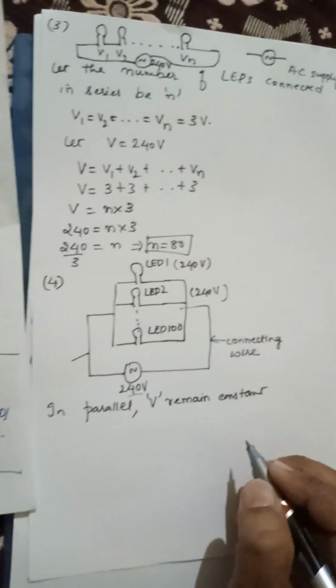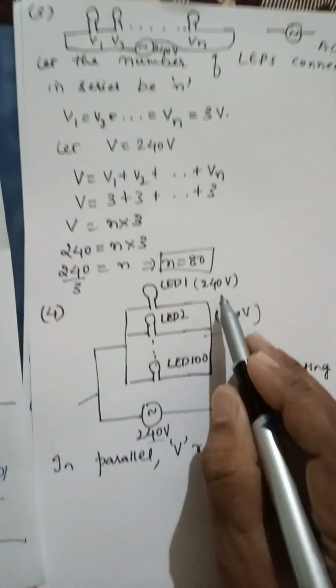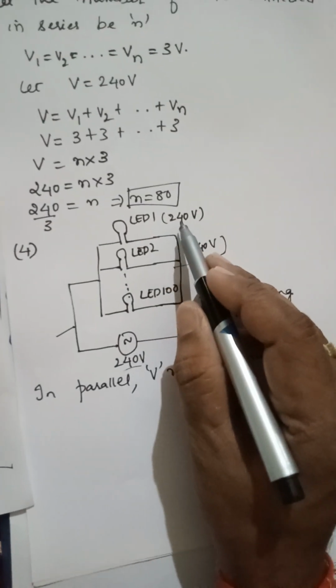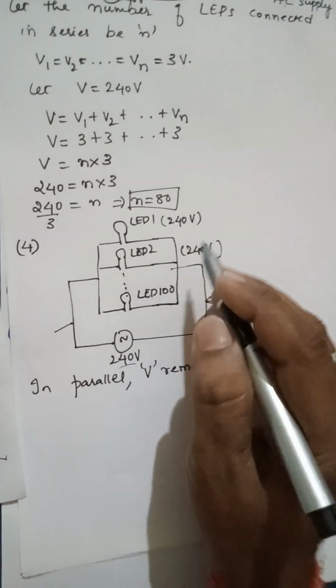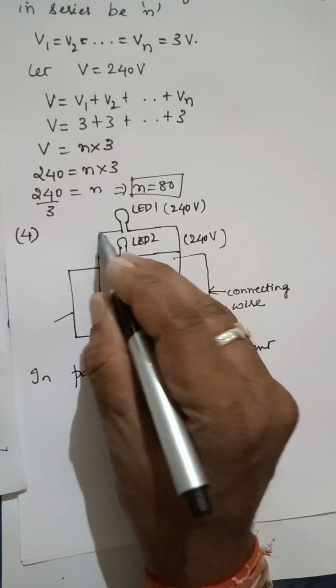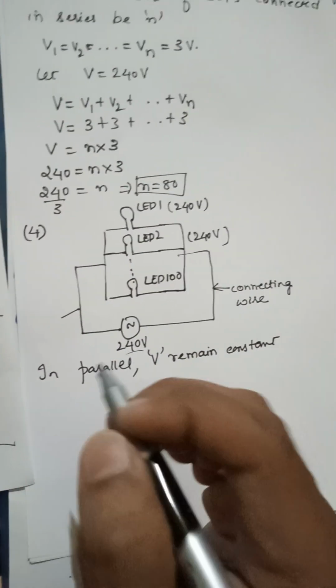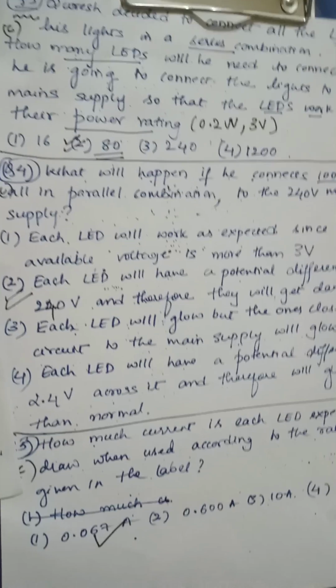Now, what is the recommended value of potential difference across each LED? It is 3 volts, but here they are getting 240 volts, much more than the recommended value. This very high potential difference across each LED will allow more current to flow through each of these LEDs, and it will damage the LEDs.